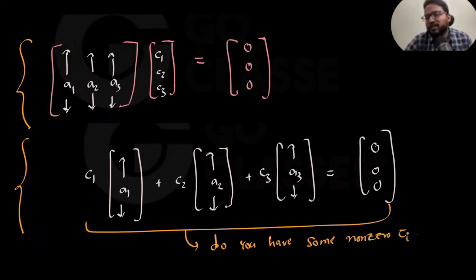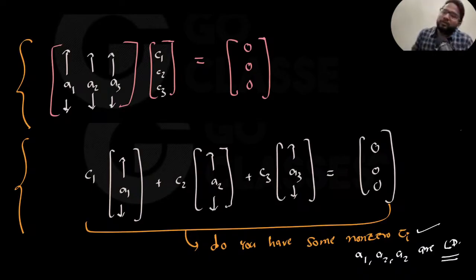And it is given in the question that yes, they have the non-zero Ci. They are saying that there exists a non-trivial solution for Ax equal to 0. x is just c1, c2, c3, so there exists some non-trivial solution, which means that Ci is non-zero. If they give me the Ci, I can represent one of the vectors as a linear combination of other vectors. It means that a1, a2, a3 are linearly dependent.